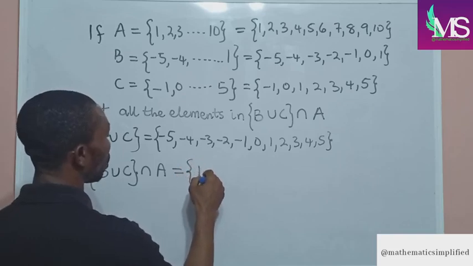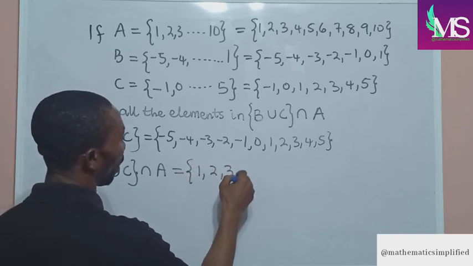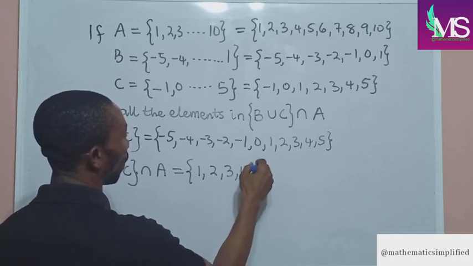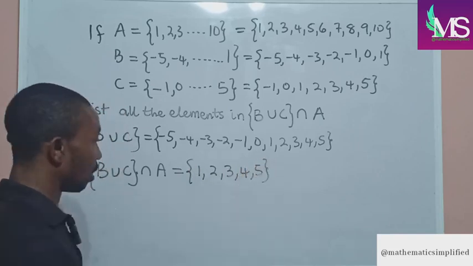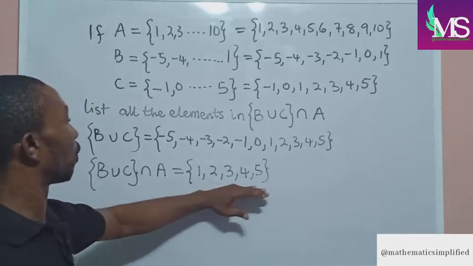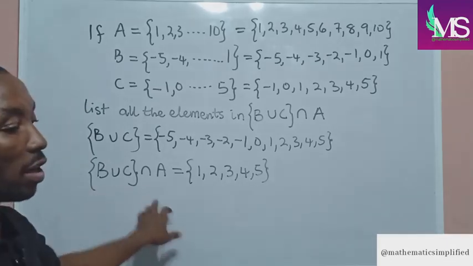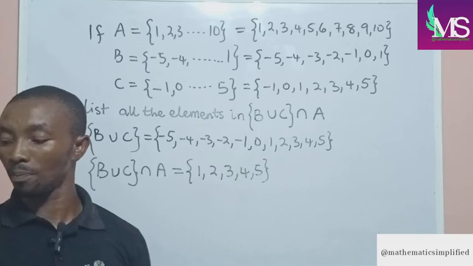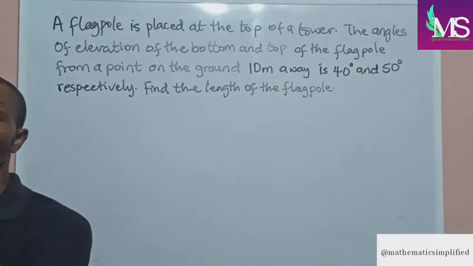So this becomes 1, 2, 3, 4, 5. That's what is common in both sets. So our answer will become 1, 2, 3, 4, 5 for B union C intersection A.